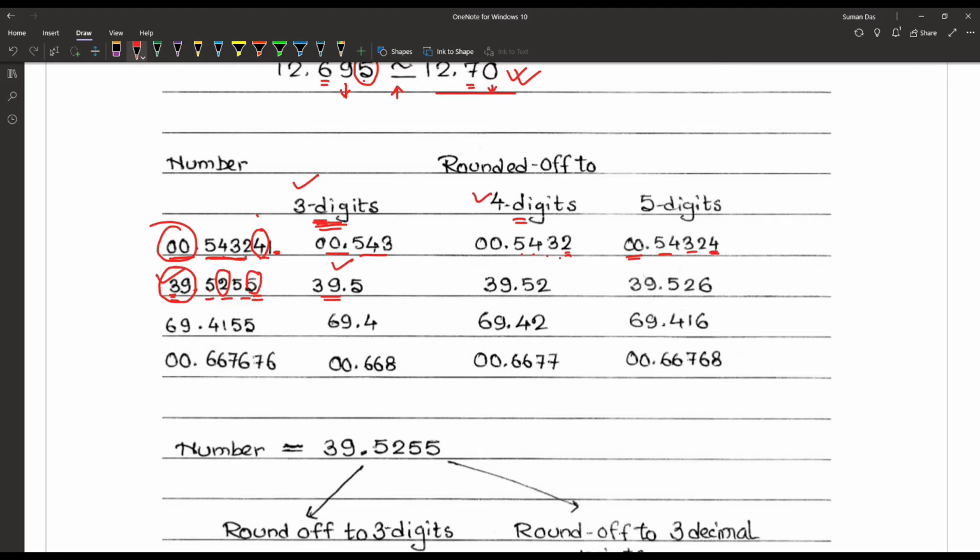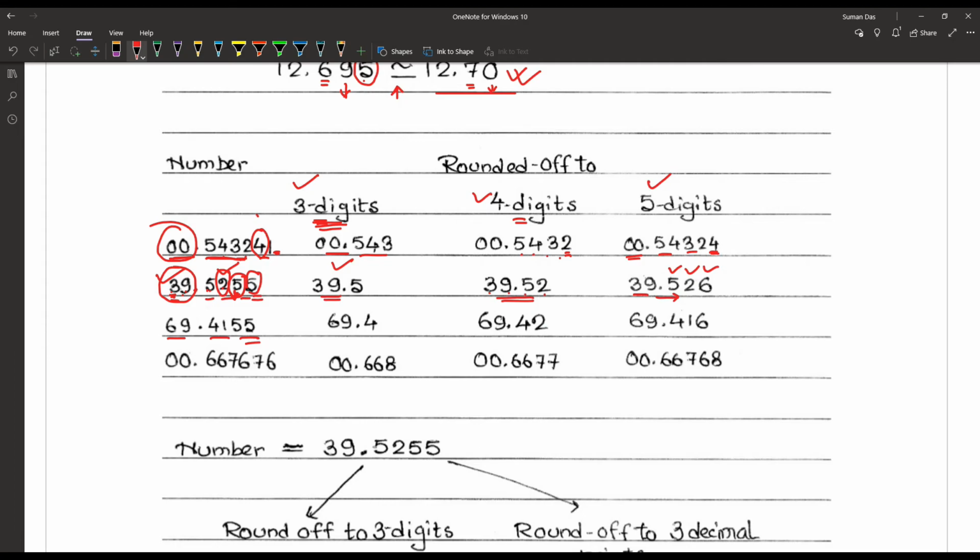Next one, 4 digits, starting from 39, that means 39.52. Now the next digit is exactly 5. Here 2 is even, remaining unaltered. So 39.52. Next, up to 5 digits, that means 39.525. The next digit is exactly 5, but the digit before it is 5, that is odd. So we get the approximate number as 39.526.